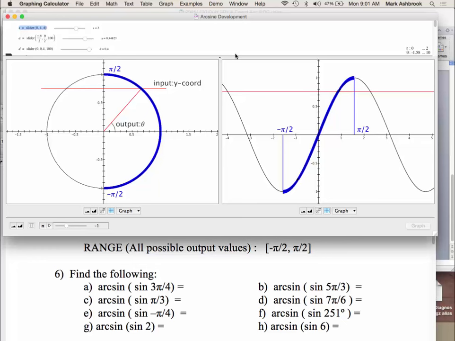So we were talking about the arc sine, and we said that this is a little trickier than just reversing input and output. Why? Because when we make our vertical distance input and angle measure output, there are many angle measures going around the circle that achieve the same vertical height.